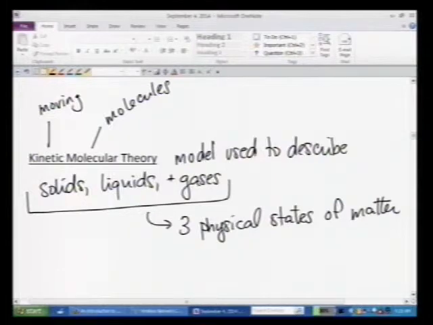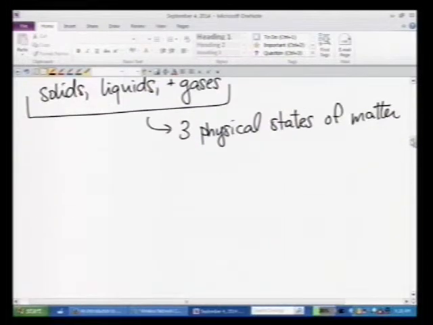We also have plasma, but we're not talking about plasmas. So here again, we're going to focus on just these three. But I know plasma and superfluids exist. So those are your three physical states of matter.